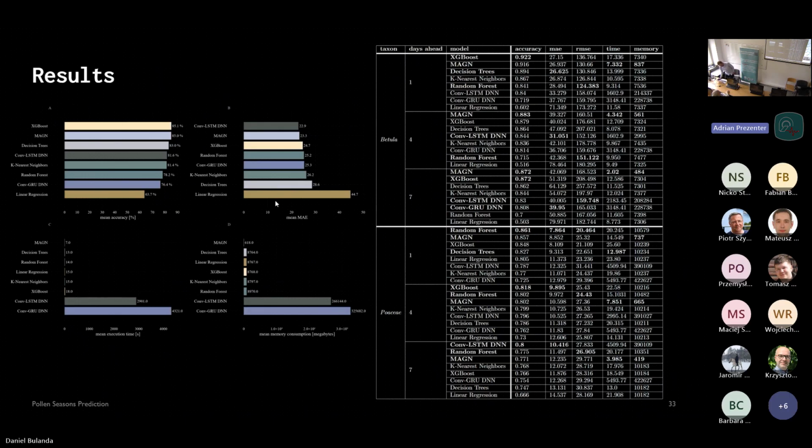But in general, I may say that XGBoost was the best one among them. And Mag was also nearly the same, but a bit worse. But if we take into account execution time, memory consumption, and stuff like this, then Mag is a clear winner with no other competitor with similar performance here.